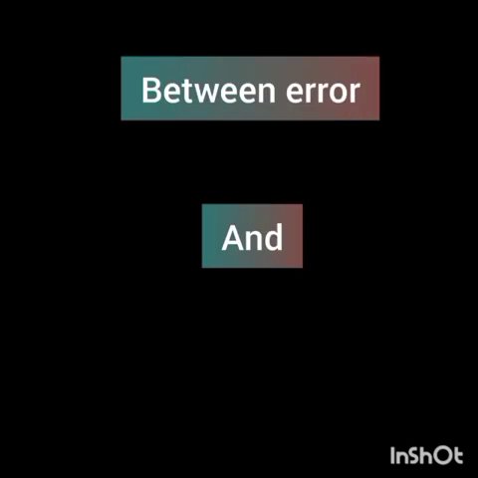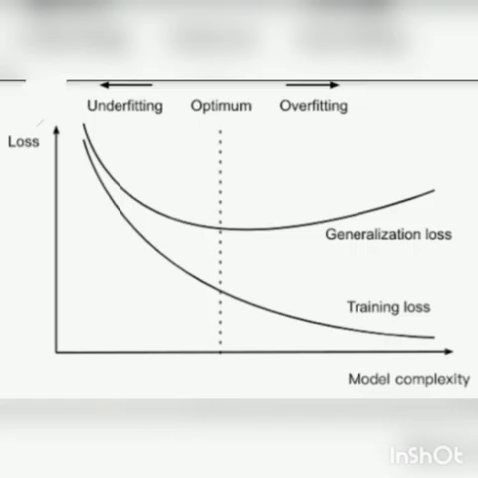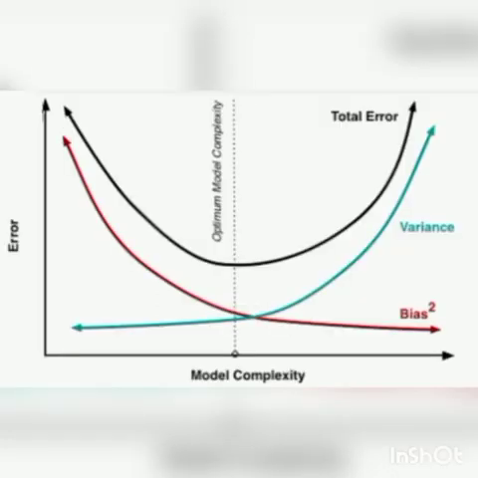Let us take a graph between error and complexity. For train data, if the complexity increases, the error decreases. But for test data, up to some point, by increasing complexity, the error may decrease.